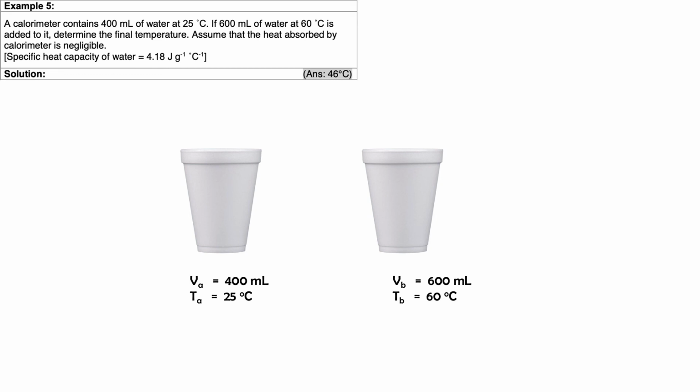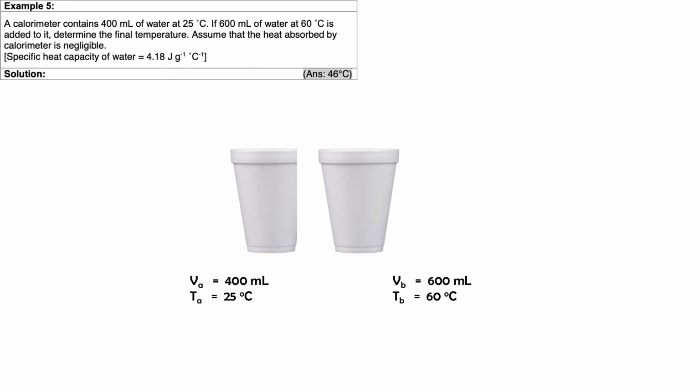So what will happen? The water from cup B will be combined, and they will be in one cup. Both waters are mixed together. We know that water from cup A is 25 degrees Celsius, whereas water from cup B is 60 degrees Celsius.